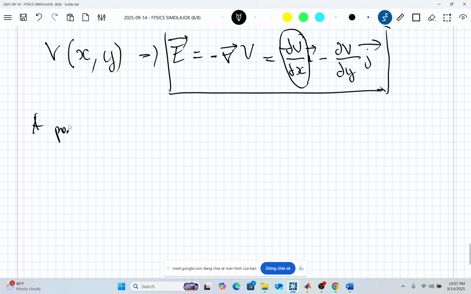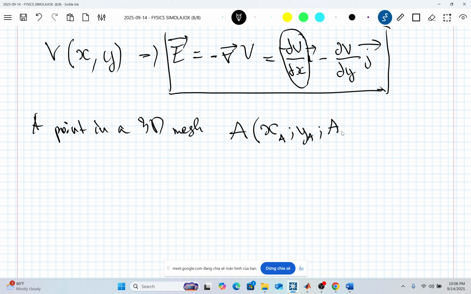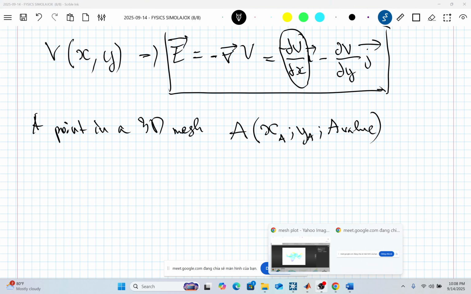A point in a 3D mesh could be, okay, you're going to take the coordinates xa, ya, and the a value, any value.